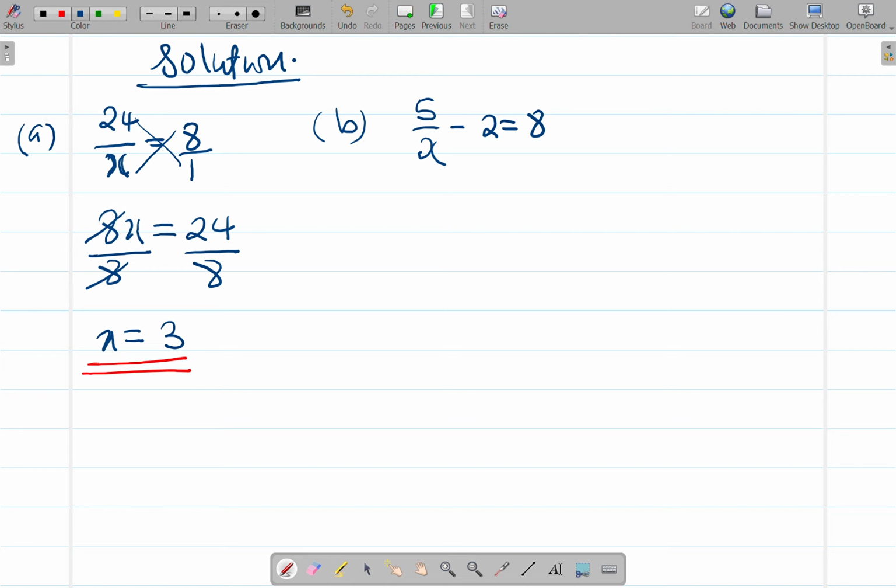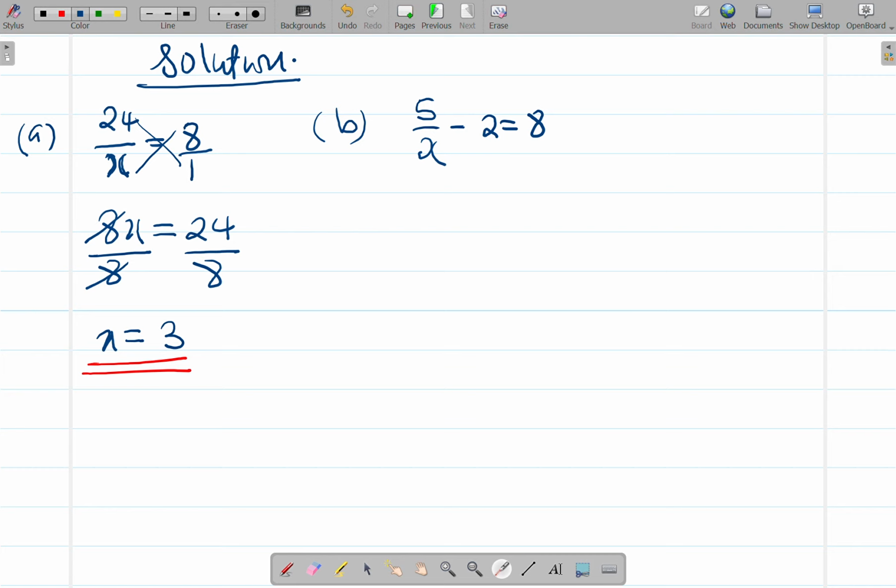For this one, we are going to collect the like terms: those with x's on one side of the equation, those without any variable on the other side. Take note here that this 2 is a negative. When it crosses the equal sign to come this side, it changes sign and becomes a positive.